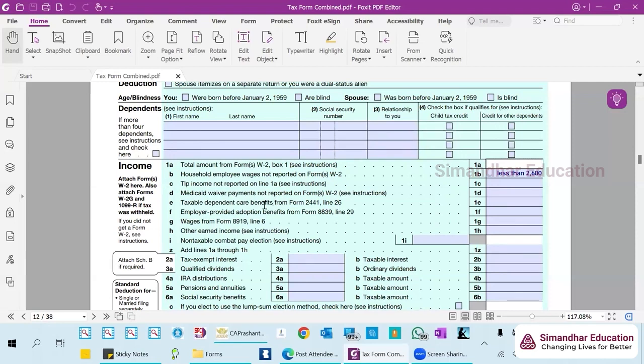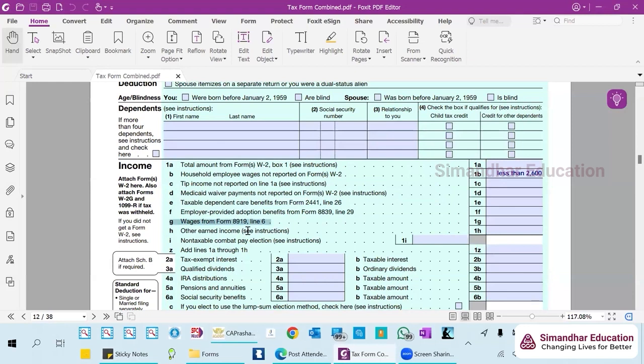You see here the number on line 1e is coming from a different form, the amount from line 1f is coming from a different form, and 1g is coming from a different form. Now, for other earned income, if there is any, we write the details and put in the amount of income.